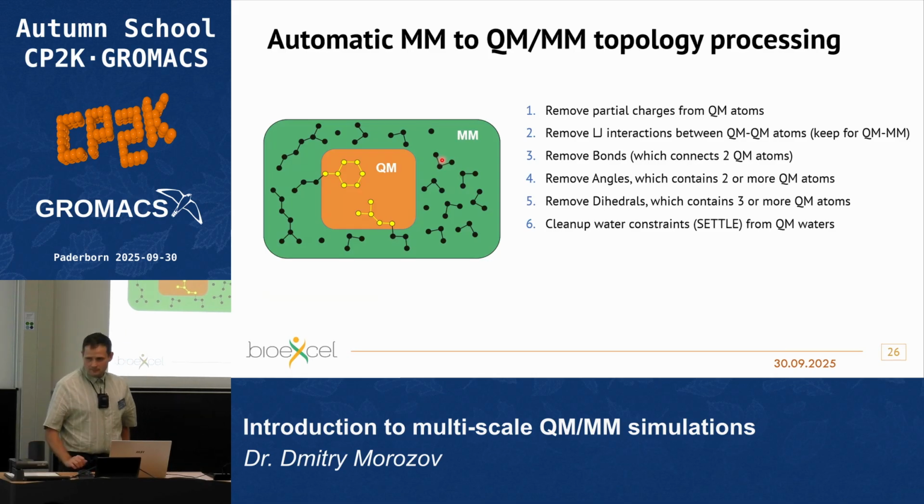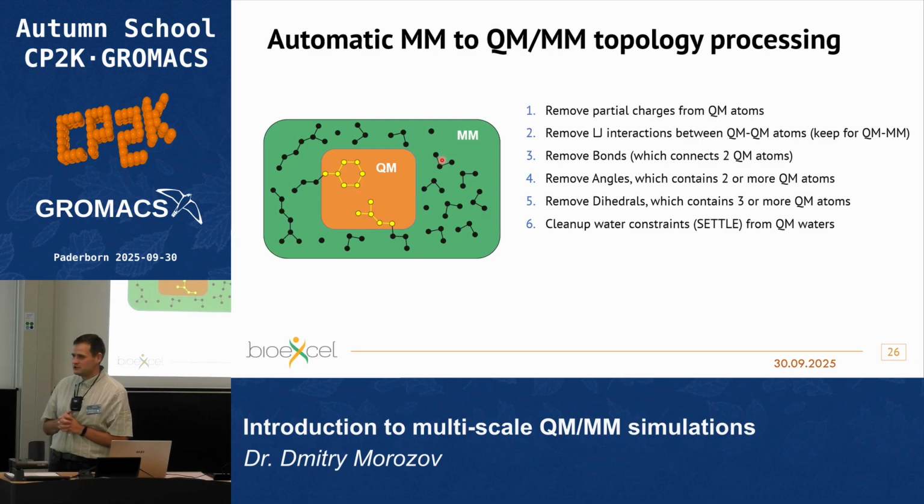Can water diffuse in or out of the QM region? Yes, that's one of the potential problems I foresee for your simulation. Especially if your system includes water molecules, they can diffuse in and out, and this needs to be checked.